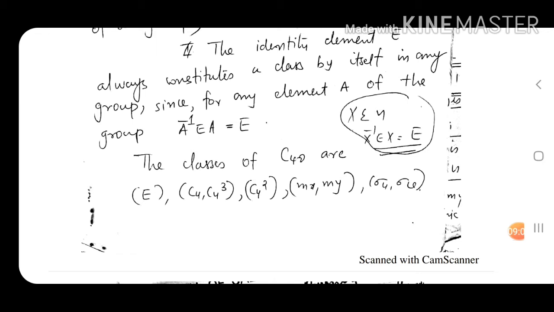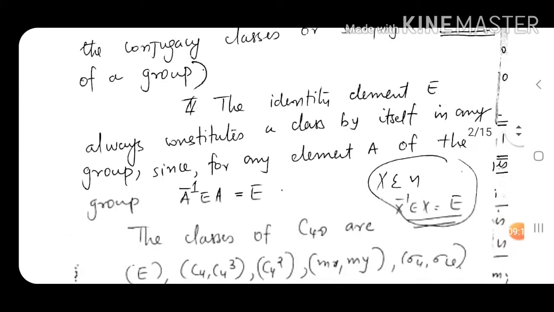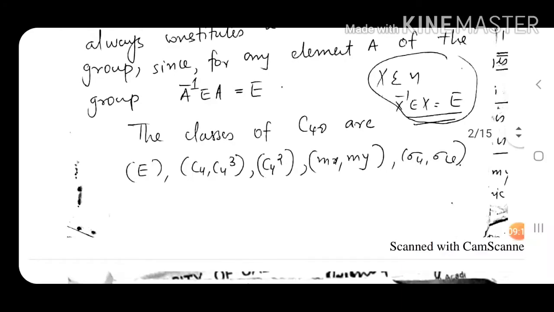So an identity element always constitutes a class by itself in any group.